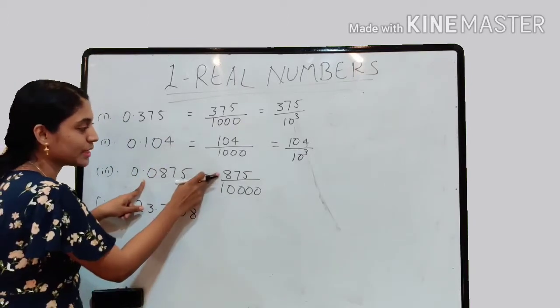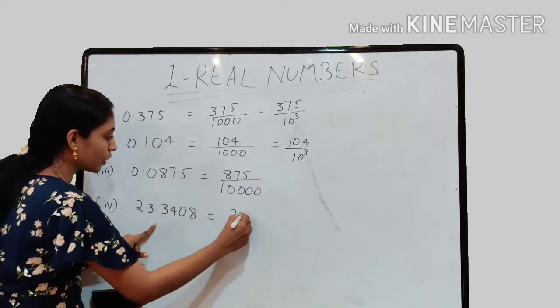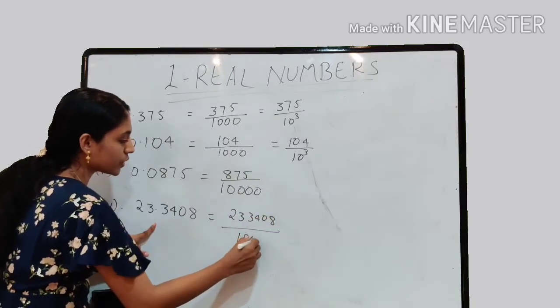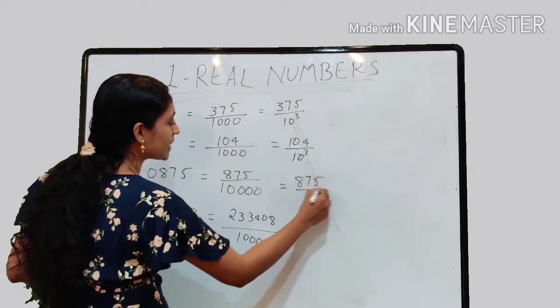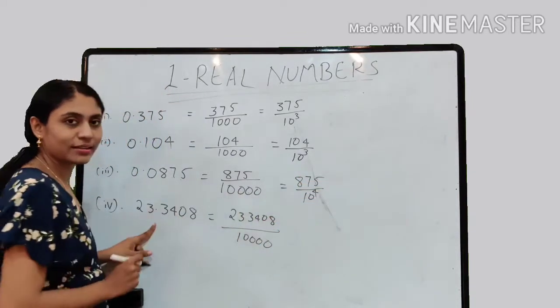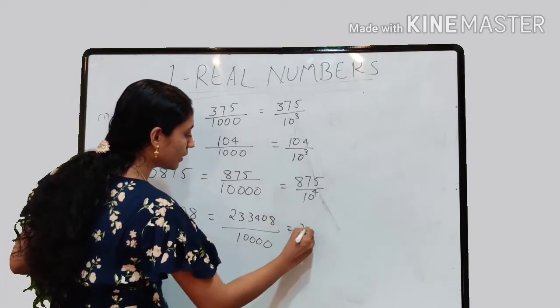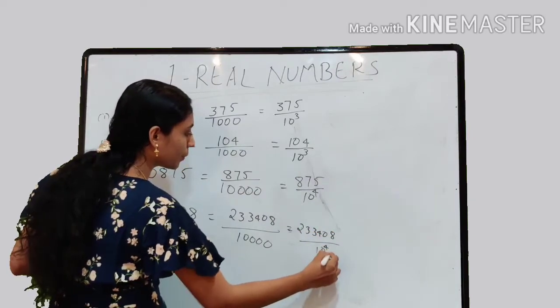And here also, 233408 divided by how many zeros? 4 zeros, right? And this can be expressed as 875 by 10 raised to 4, because 10 raised to 4 is 10,000. And here also it is equal to 233408 divided by 10 raised to 4.